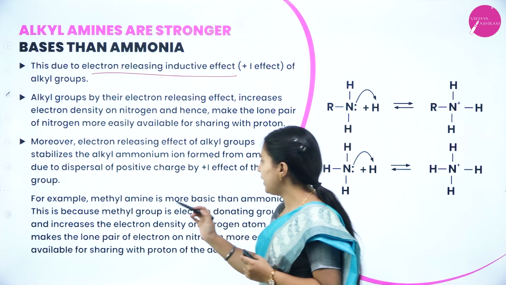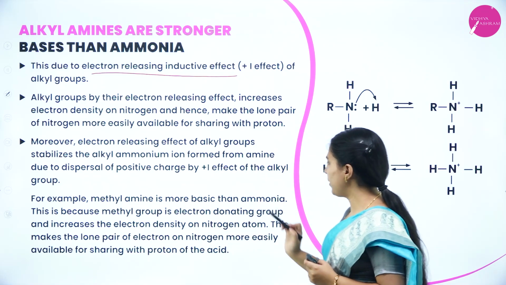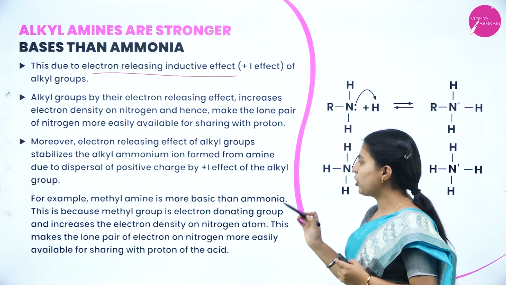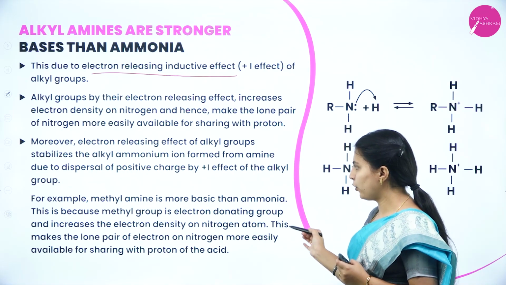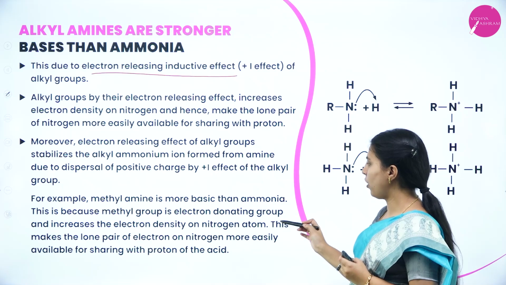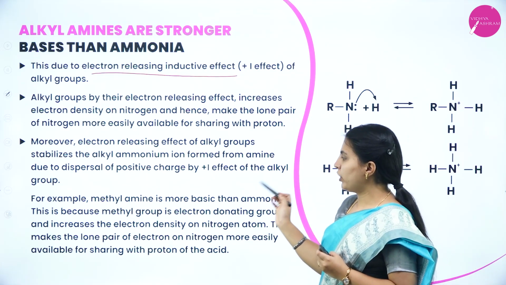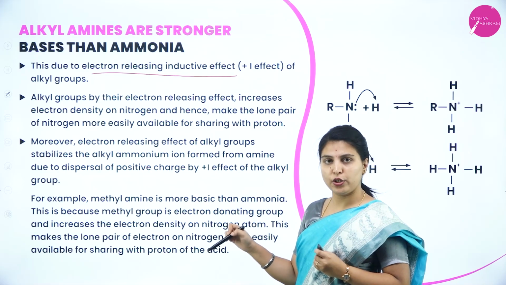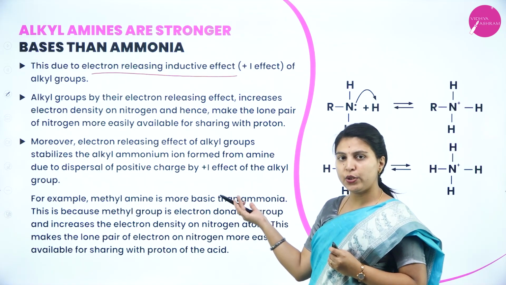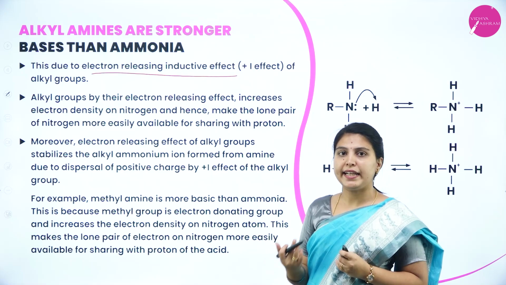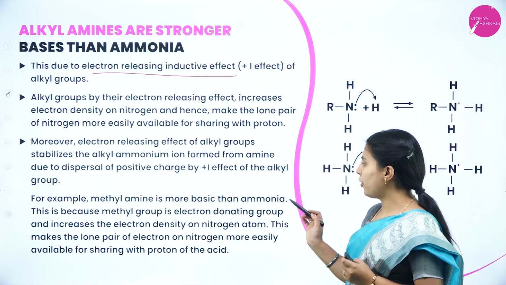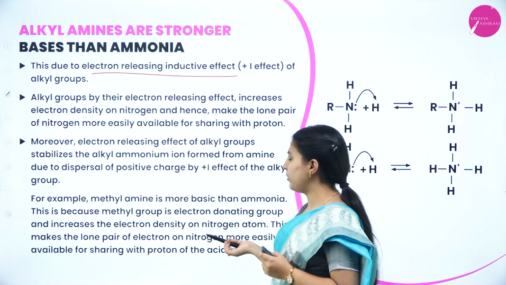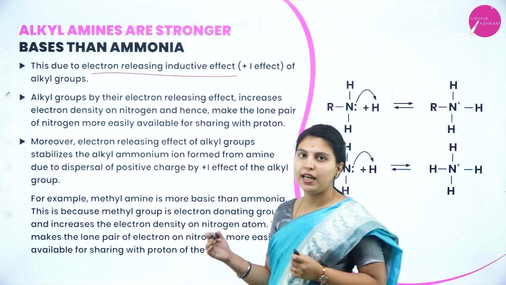For example, methyl amine is more basic than ammonia. This is because the methyl group is an electron donating group and increases the electron density on the nitrogen atom. Whatever alkyl group is present on the nitrogen is also an electron donating group, so the electron density on the nitrogen will also get higher. This makes the lone pair of electrons on nitrogen more easily available for sharing with the proton of the acid.